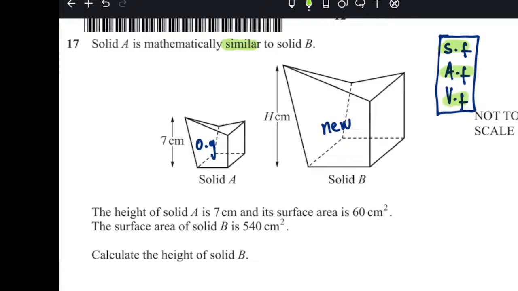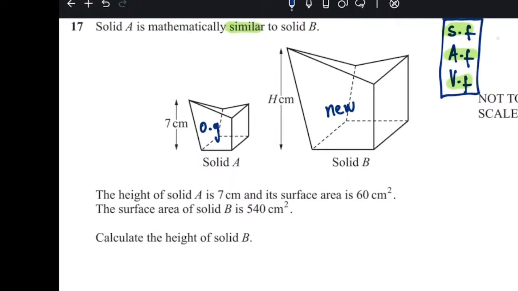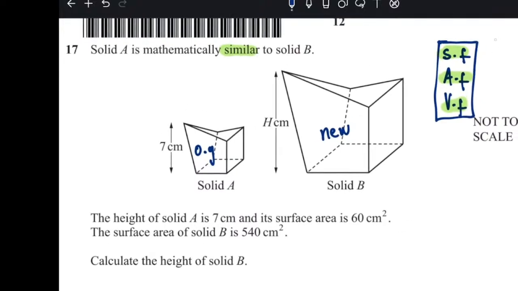The second thing will be, you have these three words. Number one, you must know how to come from one to another. And then number two, you must know how to come from one shape to another using these words. We know that if we are dealing with lengths, we say OG length, or we can say length 1, whatever you want to say. Length 1 times scale factor gives you the length on the second shape.